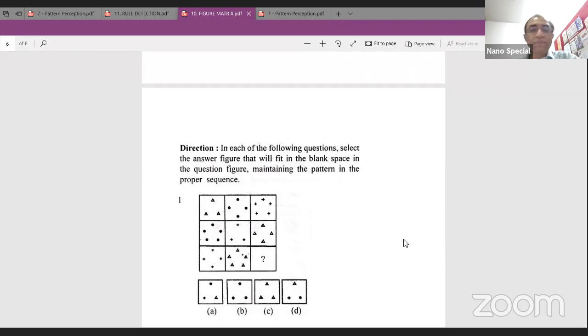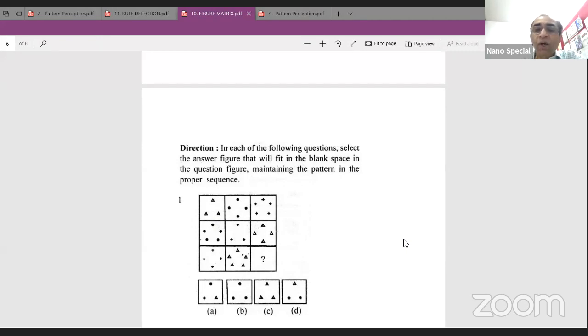Now I will give the logic. Now what's happening? Yes, Tara, it's not just the figure shapes. Now what's happening is you have two elements out here. One is the shape, the other is the number. One is the shape.